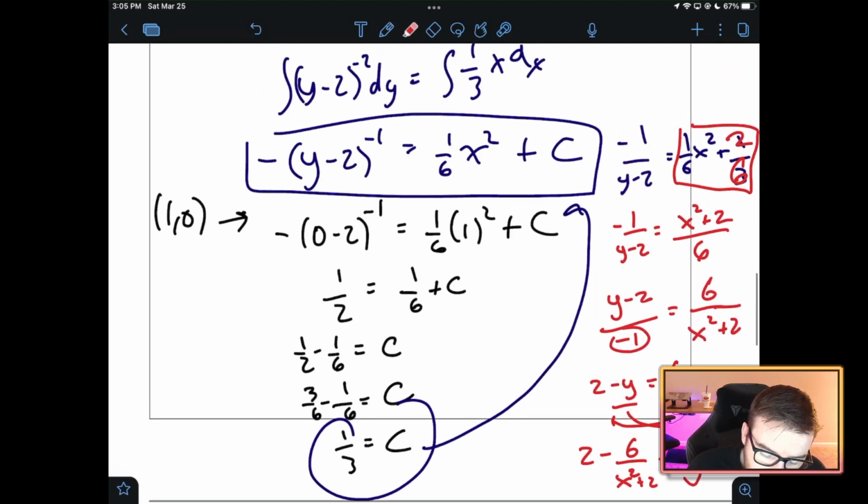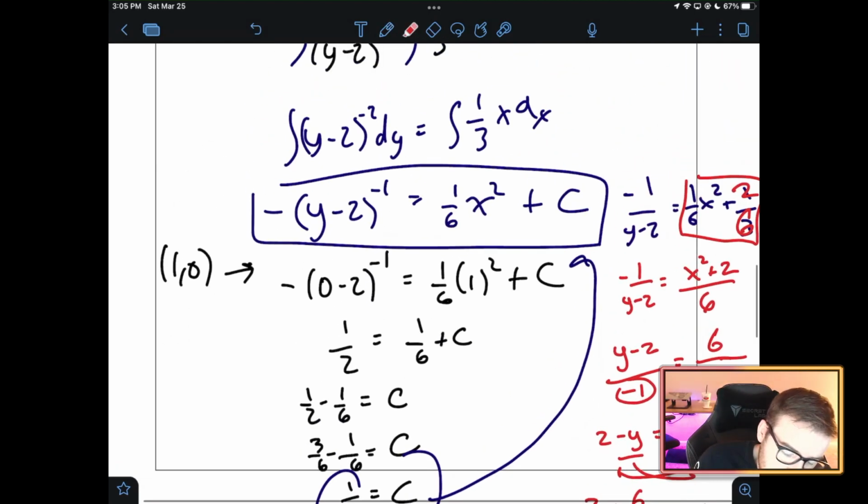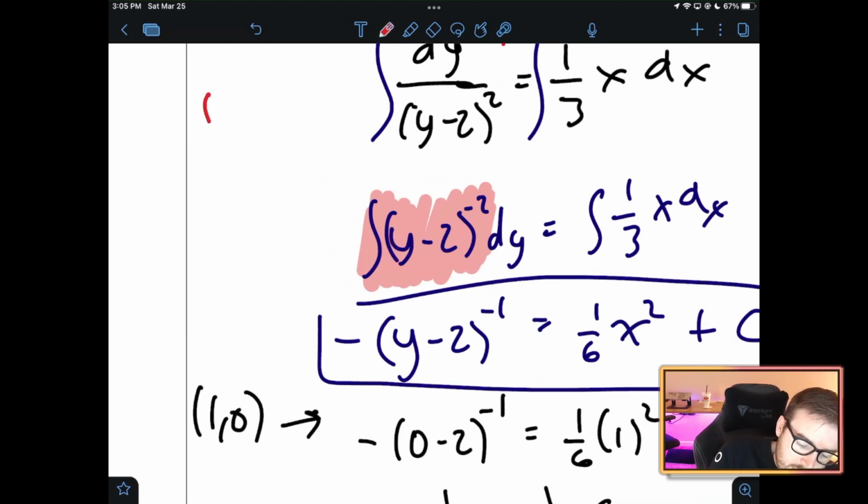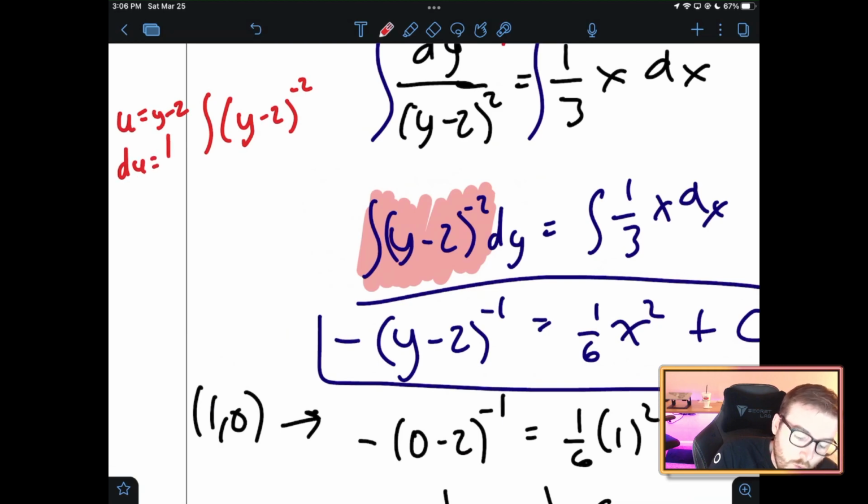And I think it's worth commenting again, this was a little cheeky, okay? Because it's not literally as simple as just the power rule, but it is because this is just y. I want to take a moment and look at this and go, okay, what happened? We're saying u equals y minus 2 and du equals 1.